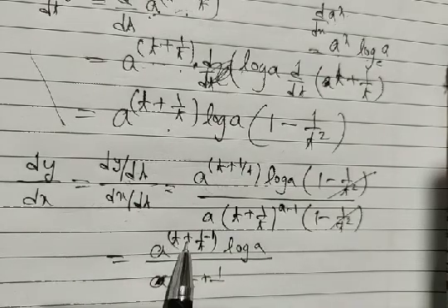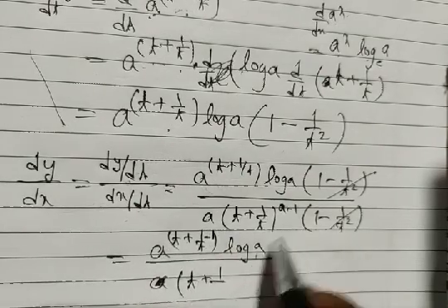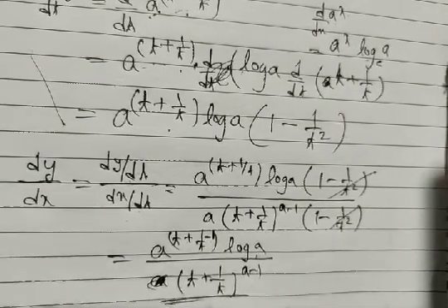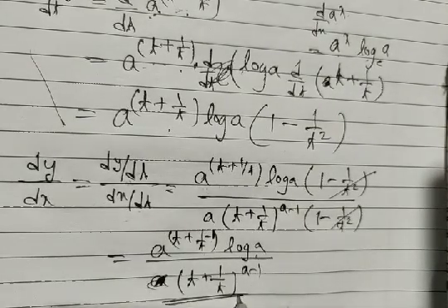Then we have a^(t+1/t−1) log a, just we have (t+1/t)^(a−1). This is our required answer.